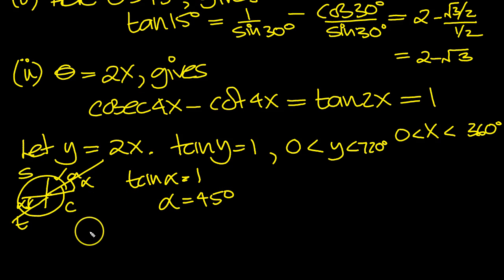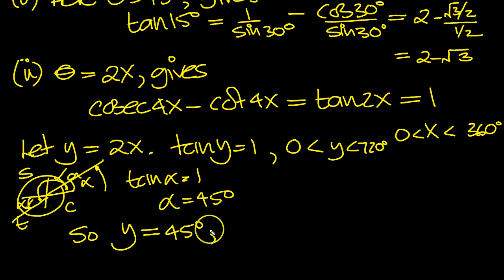So the first solution then, which is y, which is 2x, is round to here, which is just 45 degrees. And then the next solution is round to here, which is 225, isn't it? 180 plus 45.